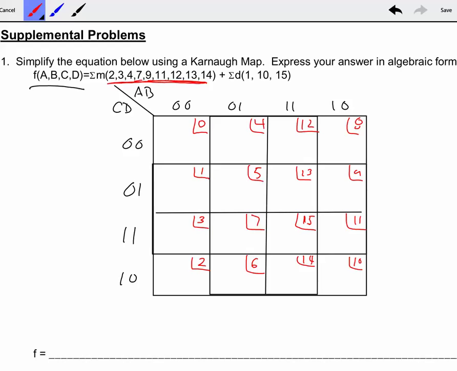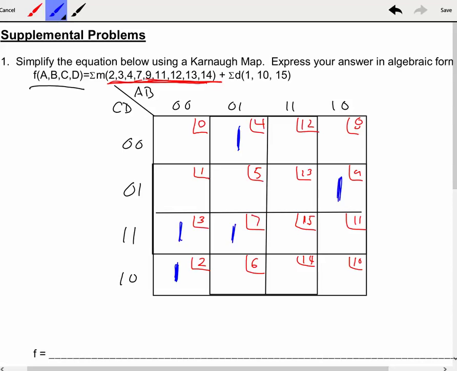Now, what this numerical form tells you is where the ones are, so let me change ink on this one. Go ahead and hit save, and then come back and use a different color ink for these ones. So you're going to have a 1 where it's the number 2, 3, 4, 7, where's 9 at?